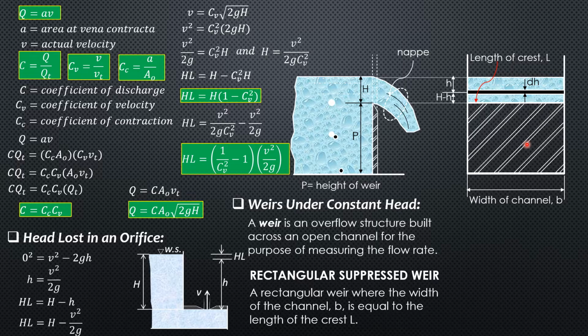Again, this strip here is treated as an orifice, and the discharge through here is differential Q because it is only a strip treated as an orifice.